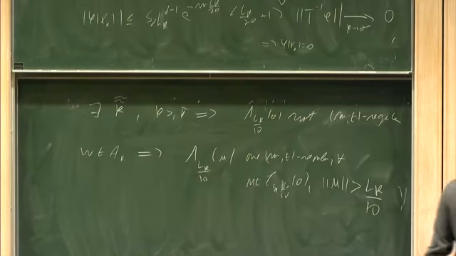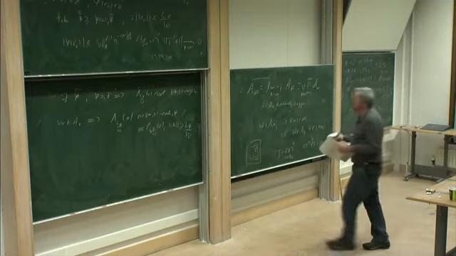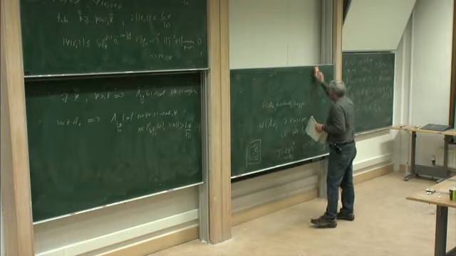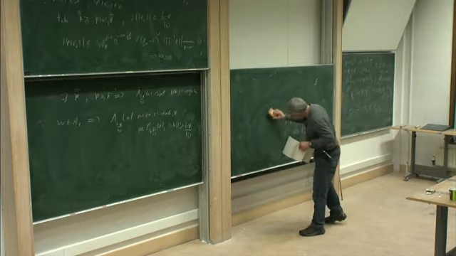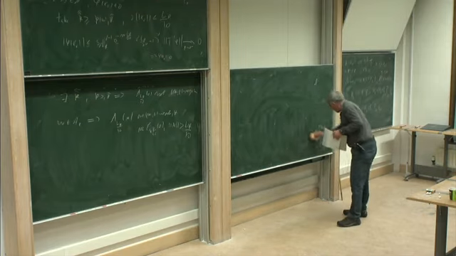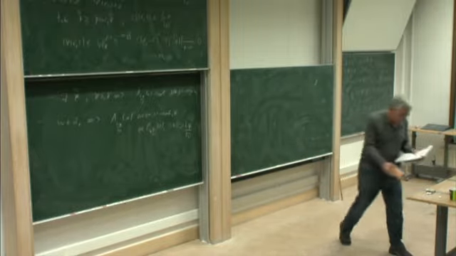But then we can show that actually phi has to be in L2. That's the whole point of the exercise. I can show it's still in L2.